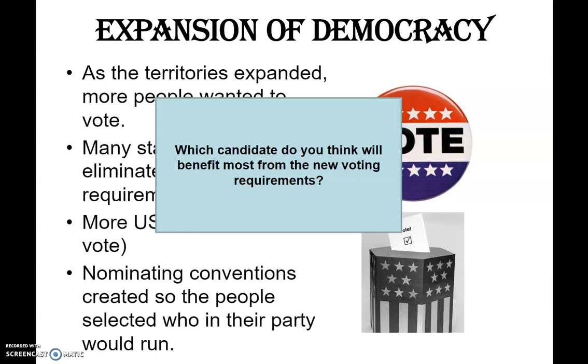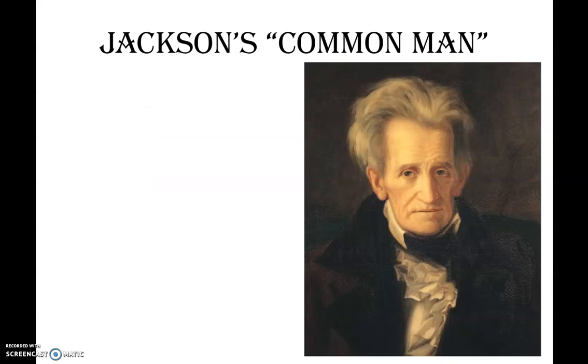Those who are favored by the elite are going to be disadvantaged, like, for example, John Quincy Adams. And people that your average Joe can relate to are going to benefit from this. So this is really going to help fuel Jackson's campaign and election the second time he runs.